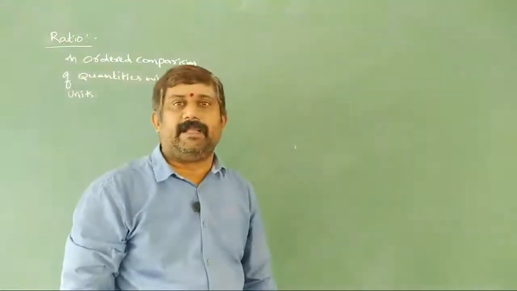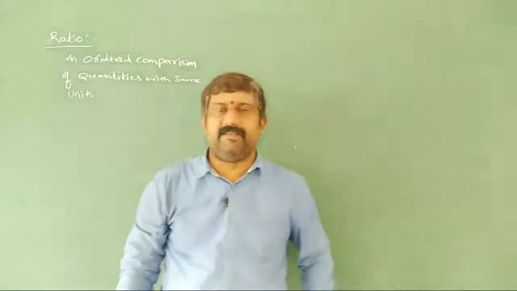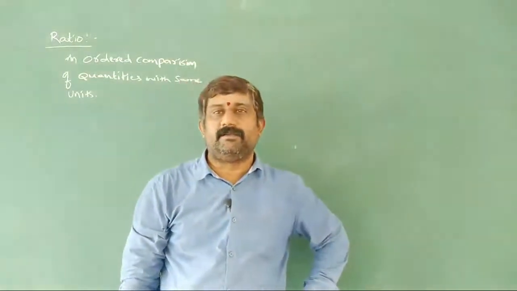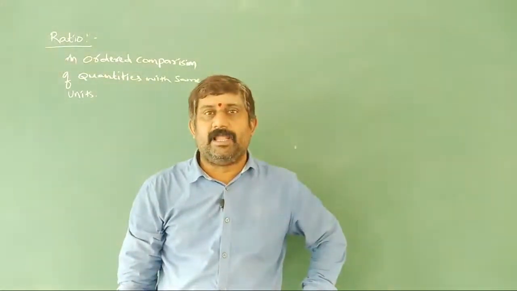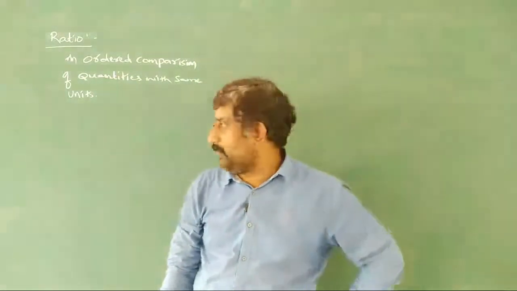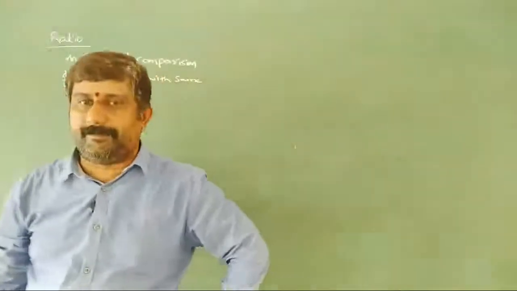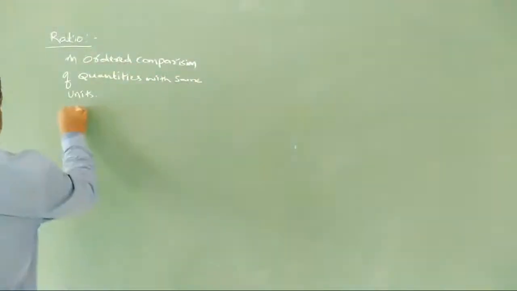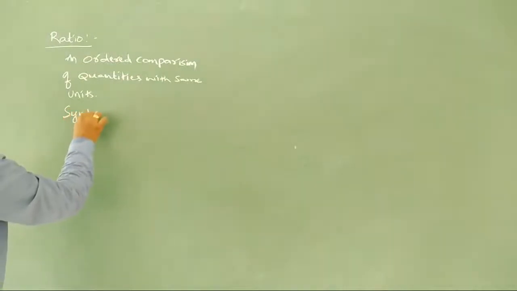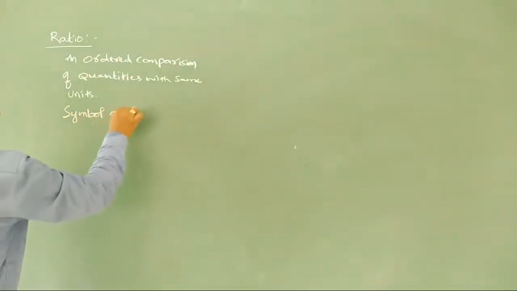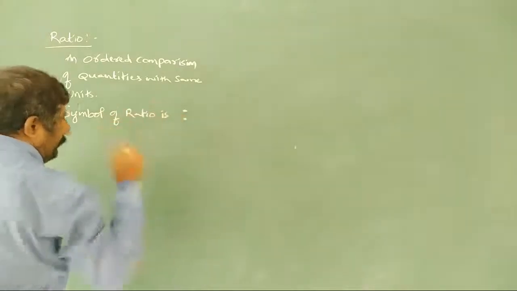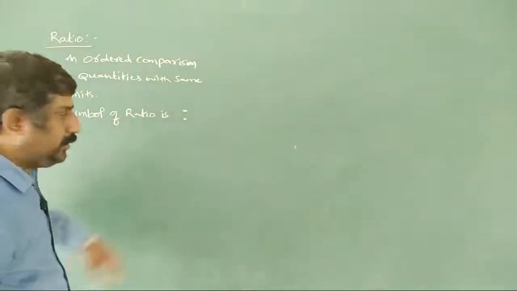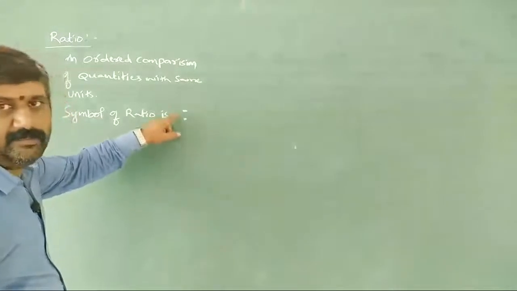An ordered comparison of two quantities, we can say, like quantities with the same units. How are we going to write it? The symbol of ratio is two dots, or two small circles. This is the symbol of ratio.